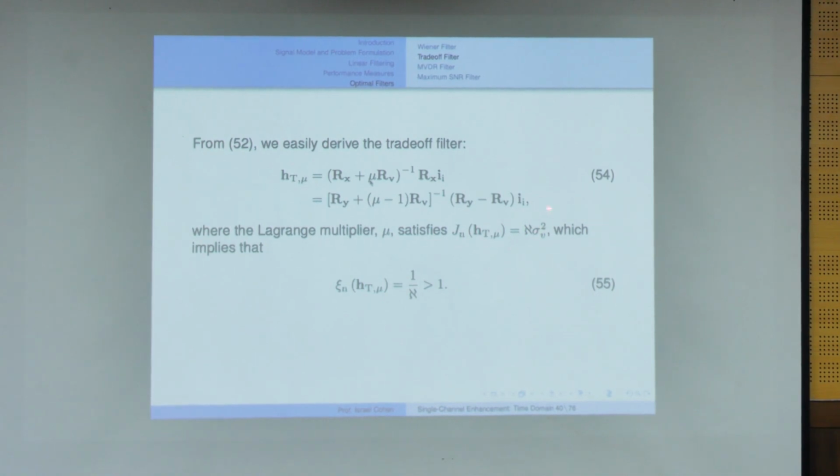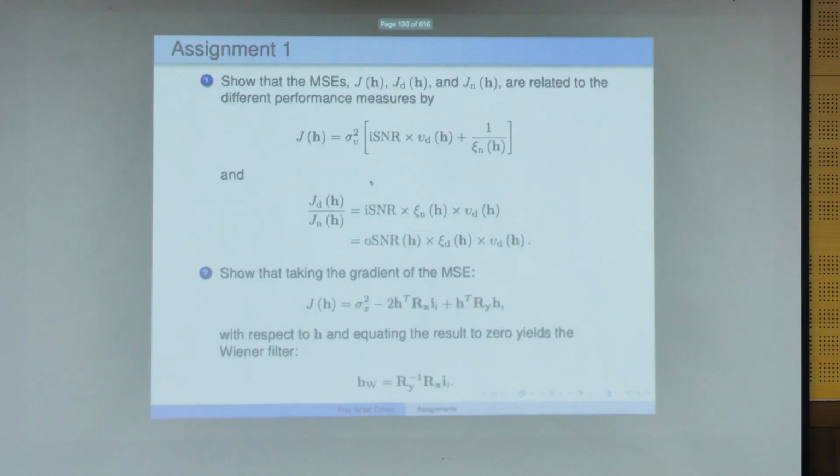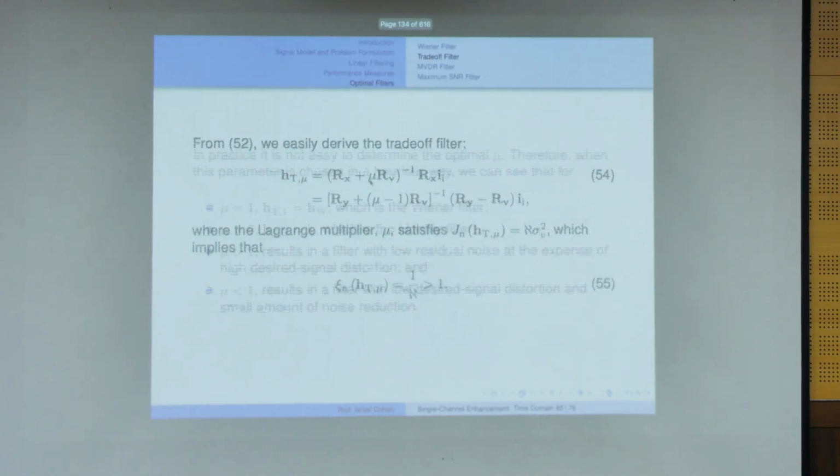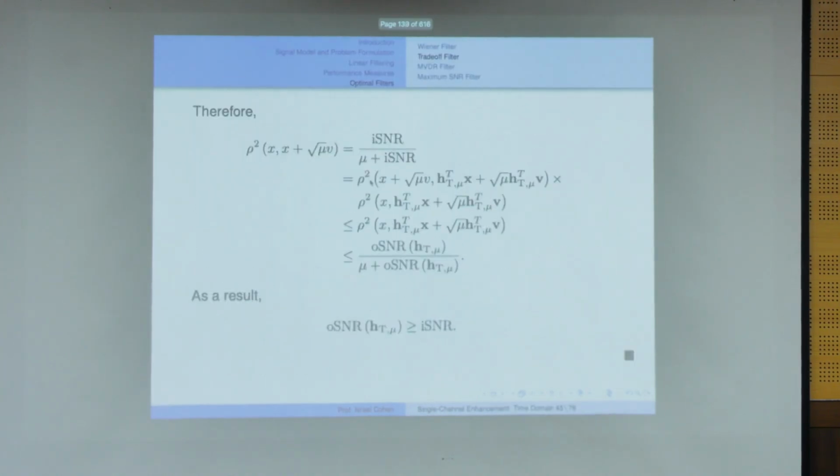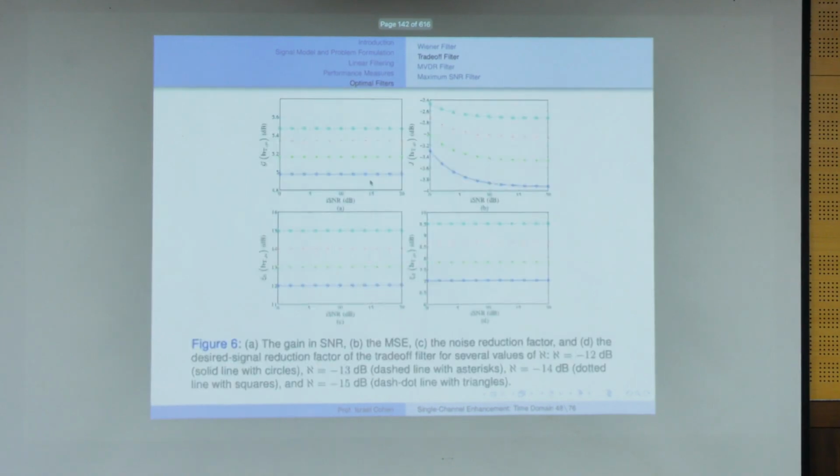Writing this is the same as a constraint that the noise reduction factor will be 1 over aleph, which in dB means that the noise reduction factor is minus aleph. That's why in this example the noise reduction factor is constant and equals minus aleph.